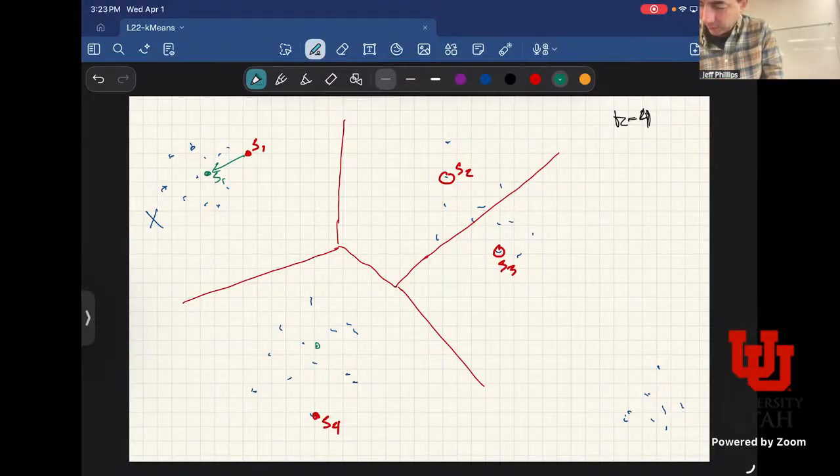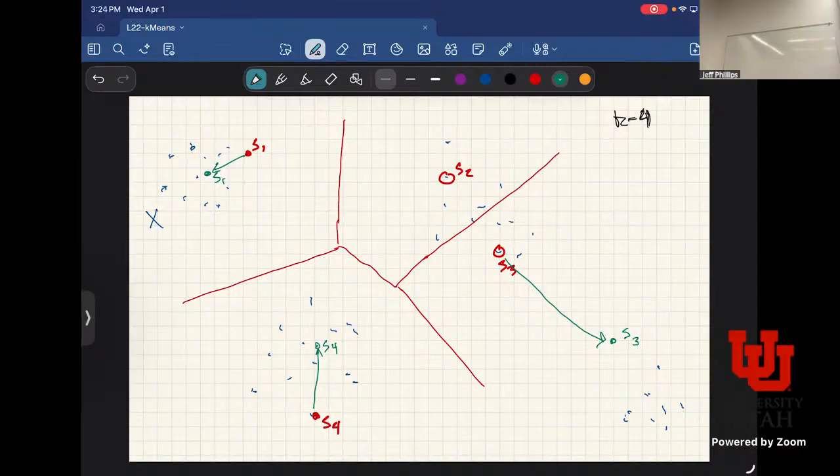S4, similar. Move to the mean of this spot. S3 is now going to move to here, so its assignment includes some of the points up in this region and all of these. It's going to be pulled down here from all these points.